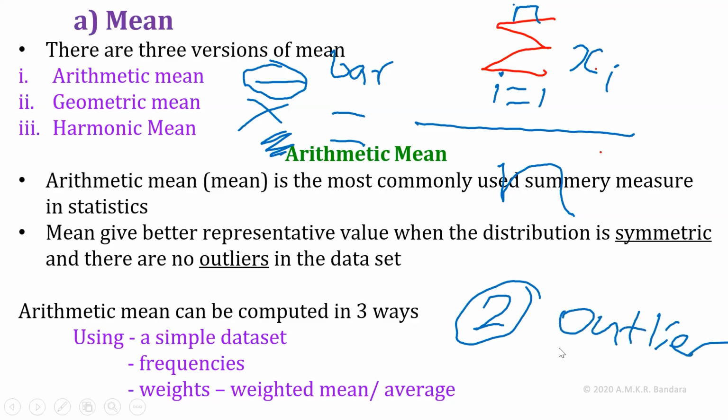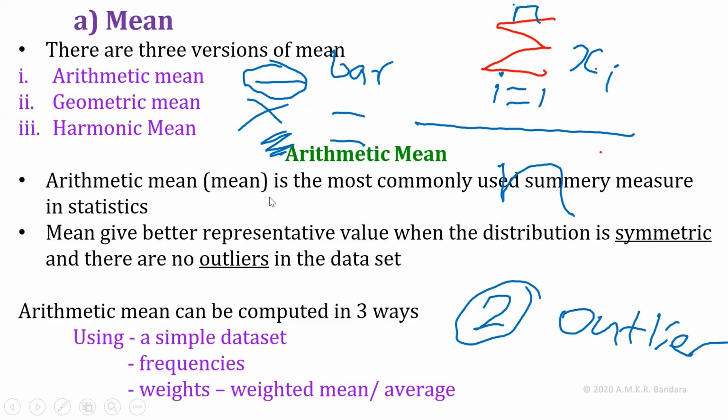One disadvantage of arithmetic mean is it is affected by these outliers. Even though most of the students have scored more than 60, due to this outlier observation, number 2, the mean is getting reduced.